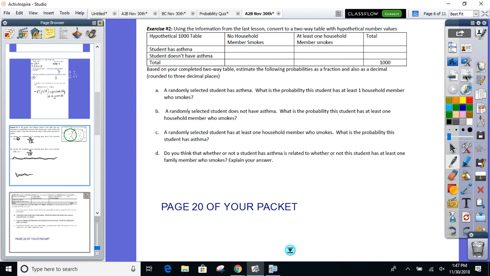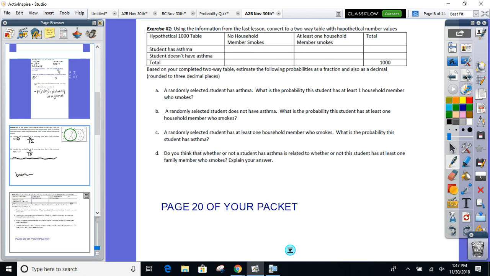Now, this table look familiar to anybody? On the next page, this table look familiar? The old asthma, smoking, not smoking. Okay, just so you know where my numbers are going to come from, go back to page 20 for me real quick. You see all those decimals you have in that table? All I'm going to do is multiply each of them by 1,000 so I can get actual numbers of people for this new chart I'm going to fill out.